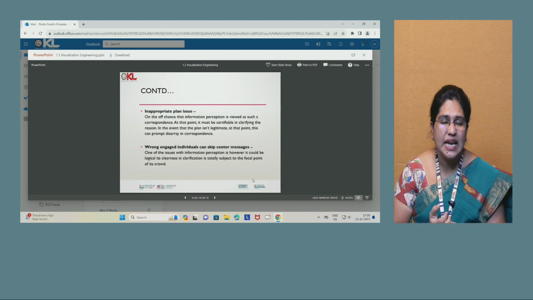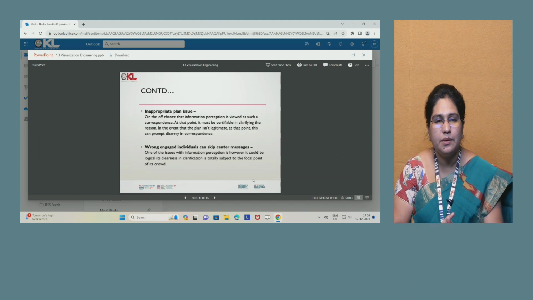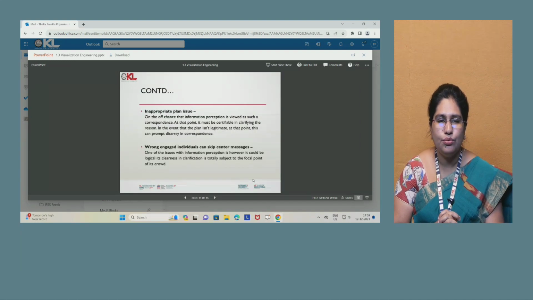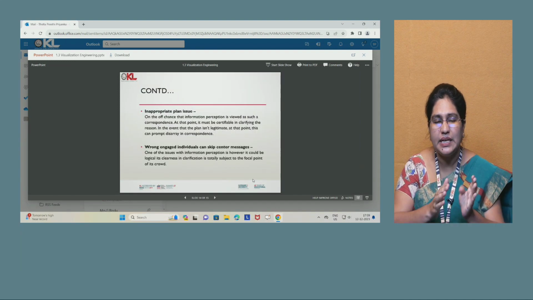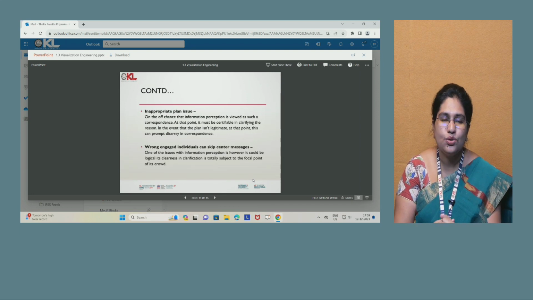If there are plan issues triggered while planning, meaning the plan is not exact, an inappropriate plan will create a problem. Then wrong engagement: if we allot a person who is capable of dealing with that particular designation, that will help the organization grow well.